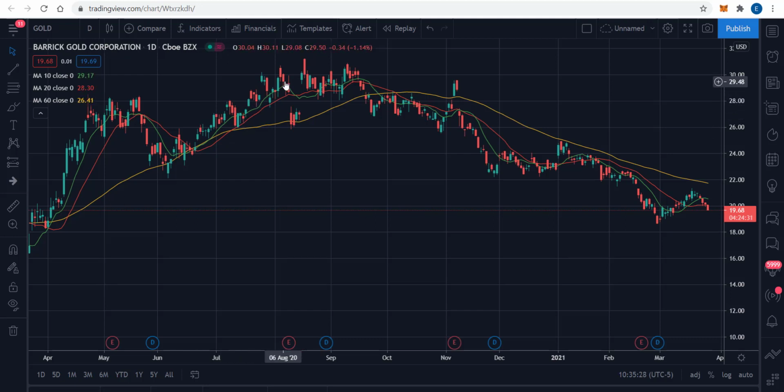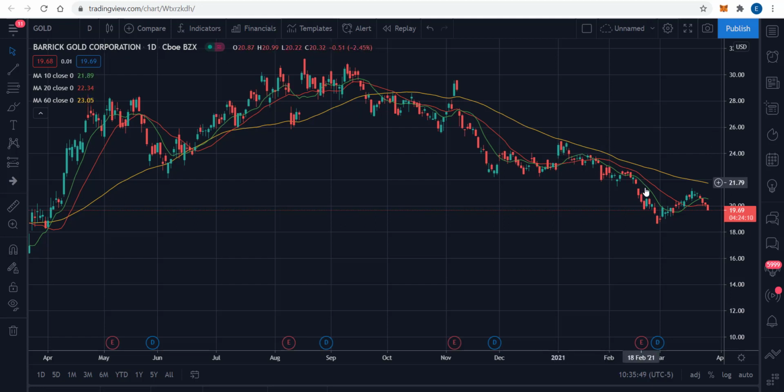From July through August, that was very clear. And then a little bit more congestion before we finally started with the sell-off. Had a big drop after earnings back in November of 2020, and we had a little bit of a pullback, a little gap move that got covered up as well.